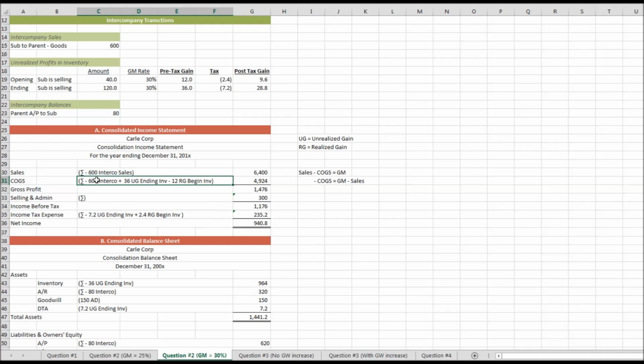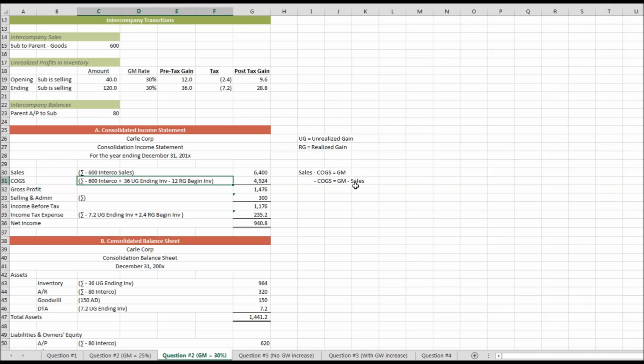And now you might be wondering why the sales are in here, and that's something that's always stumped me. But if we simply take this equation right here, which I rewrote right there, and we rearrange it ever so slightly right there, we got cost of goods sold, negative cost of goods sold, because it's negative right here, equals gross margin minus sales. So that's essentially what we're doing right here. We're trying to figure out the cost of goods sold value by finding the difference between gross margin and sales.